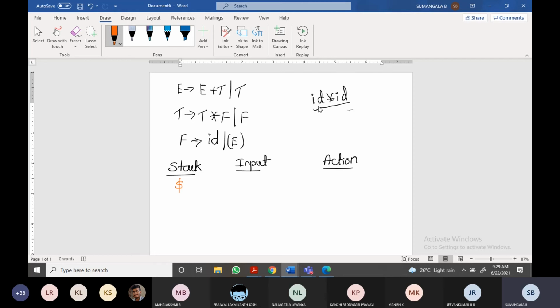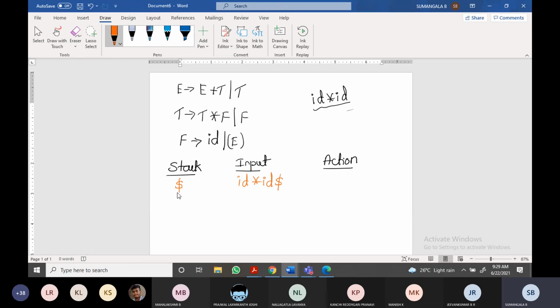Just now you started parsing, so you write the complete input string ID star ID, and after the end of the input string you mention the dollar symbol. Why is this dollar symbol used in the input buffer? Again to indicate that it is the end of the input string.